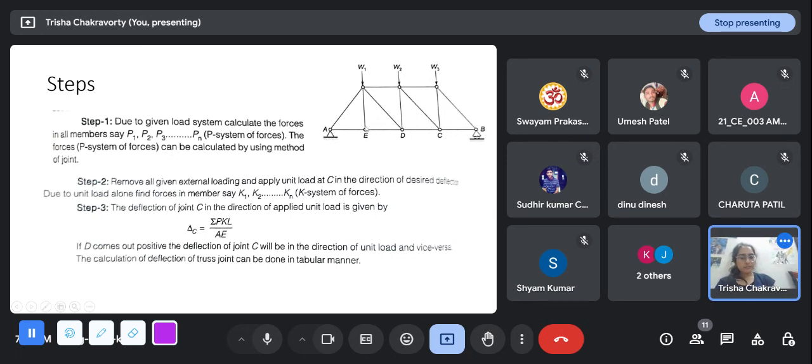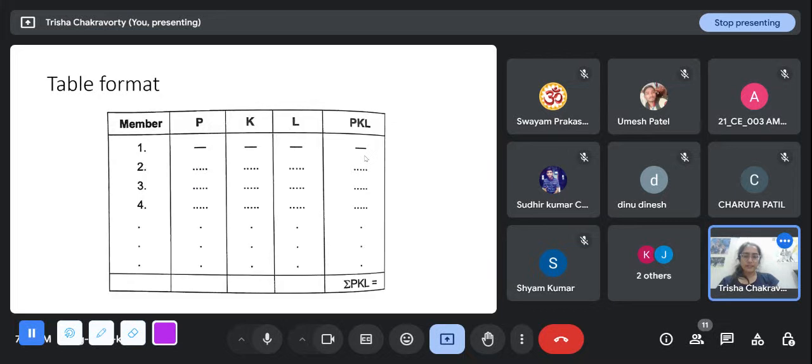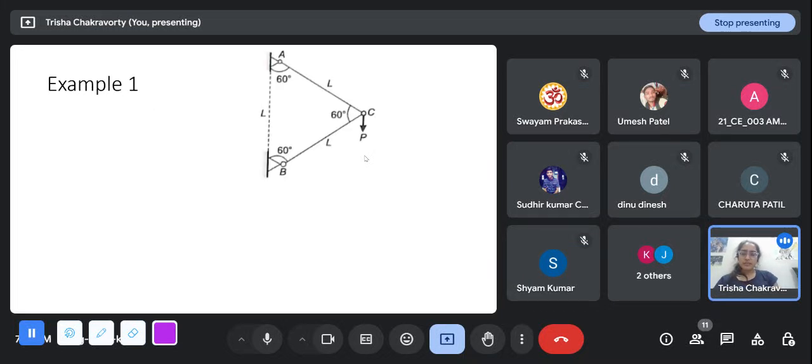And if I put a downward unit load and got a negative quantity as my answer, it meant that the node was actually displaced upwards. That is how I interpret and write it when asked to find the deflection at a point. I'm going to write this amount normally in millimeters, downwards or upwards, towards the left or towards the right. Now let us look at examples.